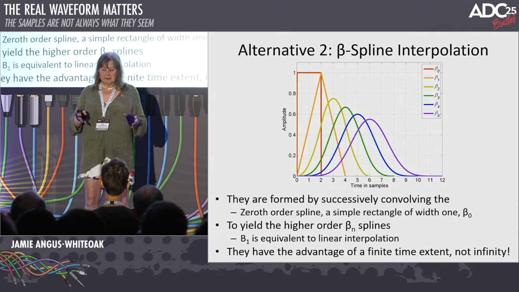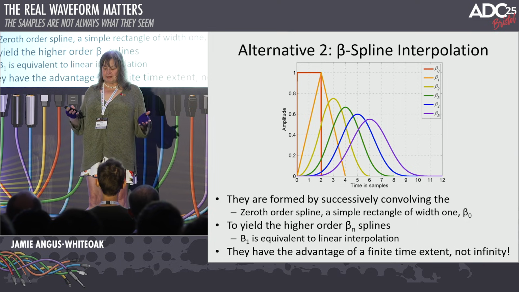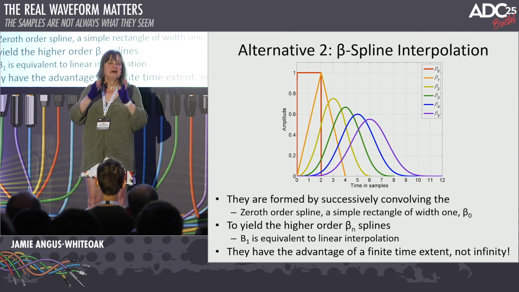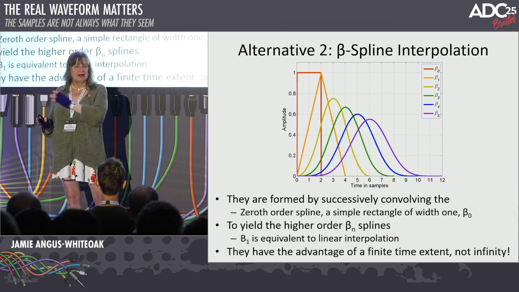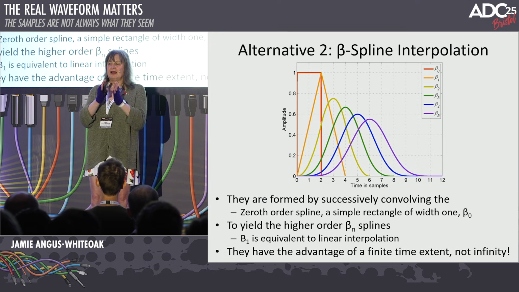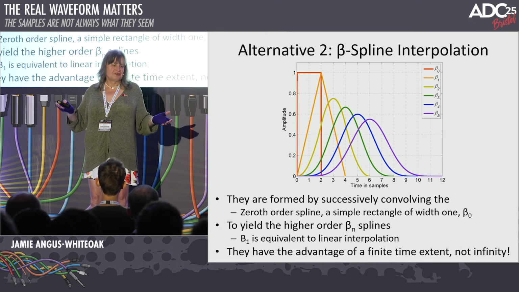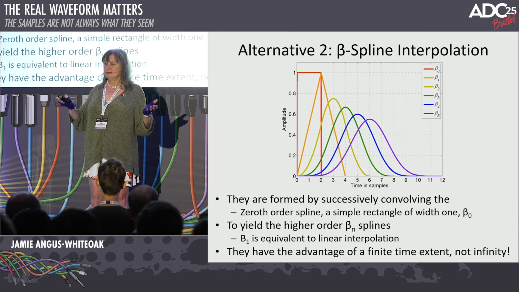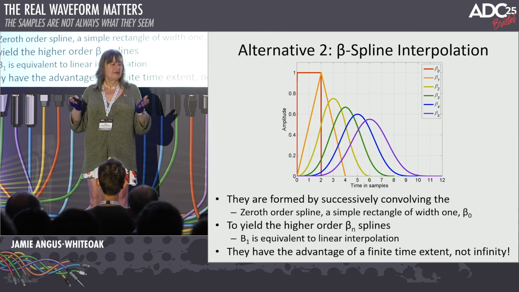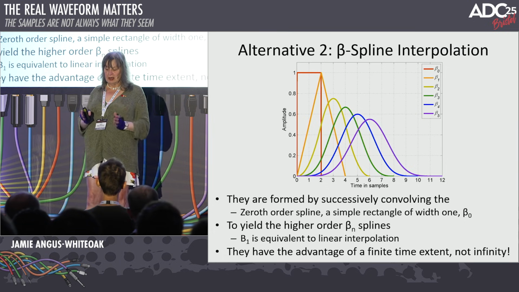You form a family of B-splines, beta splines, by successively convolving a simple rectangle. The simple rectangle is a hold for one sample. If we hold it for one sample, that's a B0 spline.